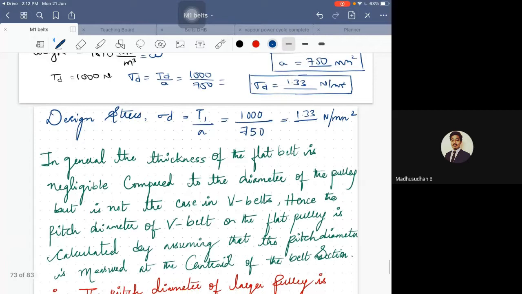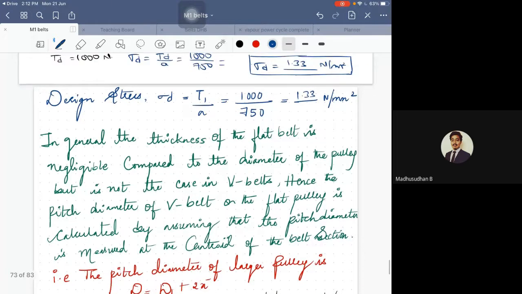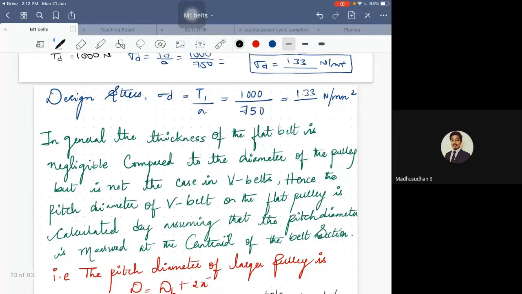You can take it simply as: for flat belt pulley, considering thickness of V belt. So whichever is easier for you, you can write those.